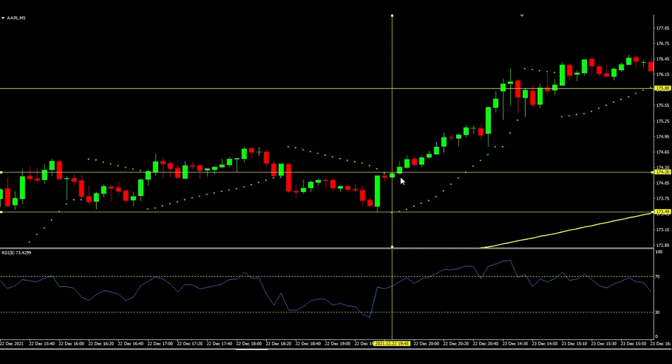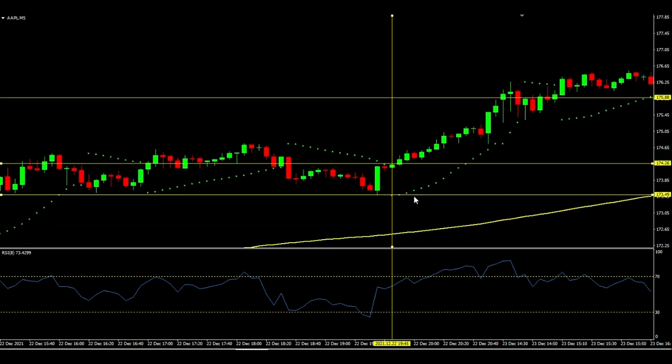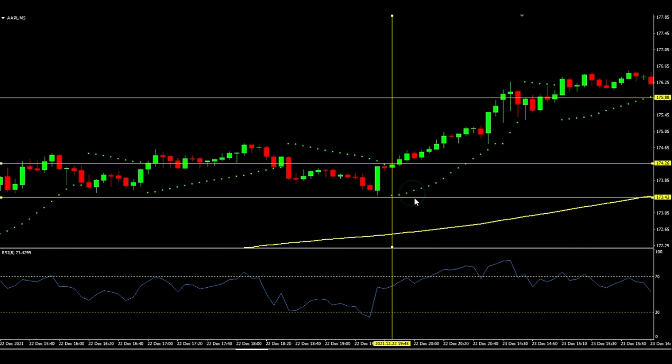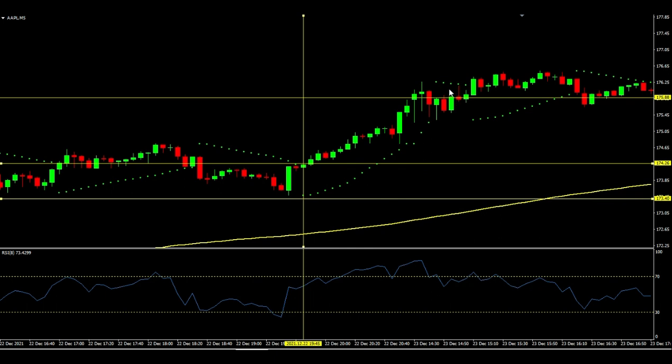So we buy at the open of this candle, and we place our stop loss a few points below the low of this SAR, and we continue until we see the next dot of the parabolic SAR.